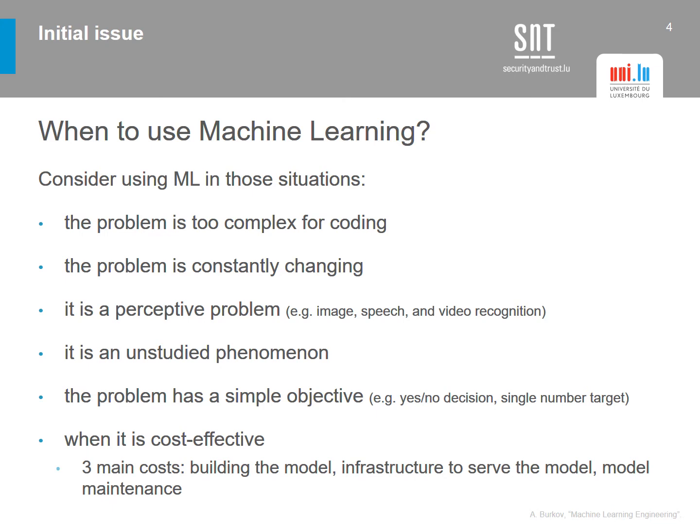Fourthly, we can use machine learning for unstudied phenomena. Let's say, for example, that we want to study something in physics, for example how gravity is influencing an object that is falling on Earth. Well, we don't need machine learning because this is a well-studied phenomenon.